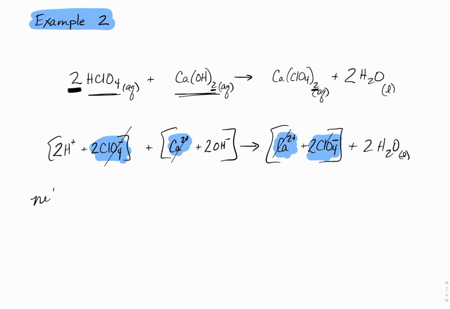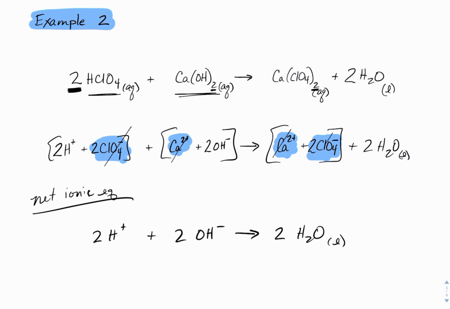And so that means our net ionic equation is 2 H pluses plus 2 OH minuses yields 2 waters. And we can even further simplify that by reducing the coefficients and dividing each one by 2 to give us H plus OH minus yields H2O.